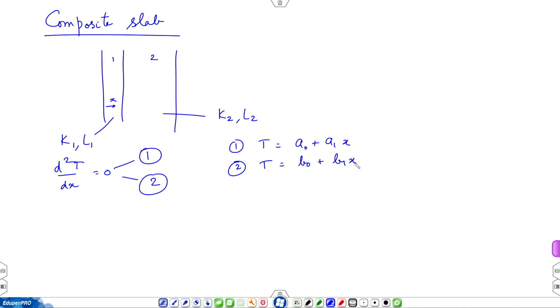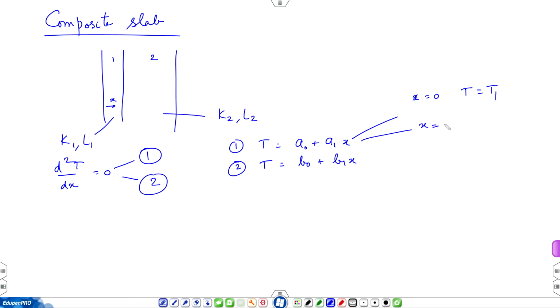So, you have one boundary condition on the left plane x equal to 0, you have one boundary condition on the right side, which is applicable for material 2. At the interface, like in the interface problem of 2 liquids, we have temperature continuous and we have the heat flux continuous. In 1 the boundary conditions would be x equal to 0, let us say T equal to T1, not always, but this is a kind of a boundary condition.